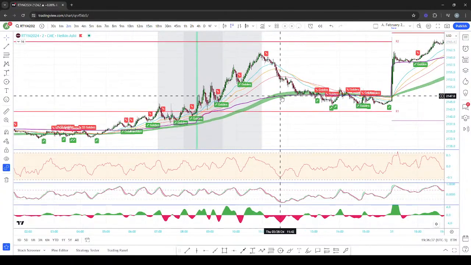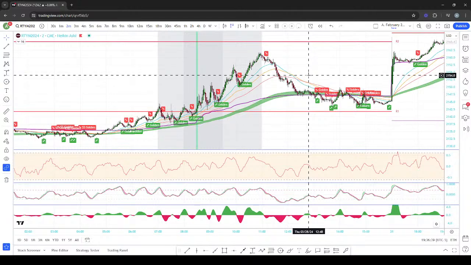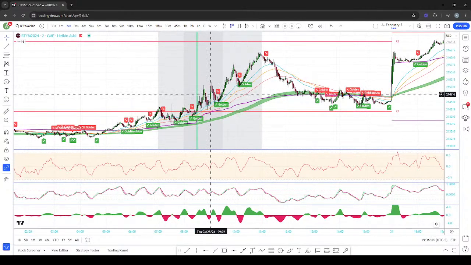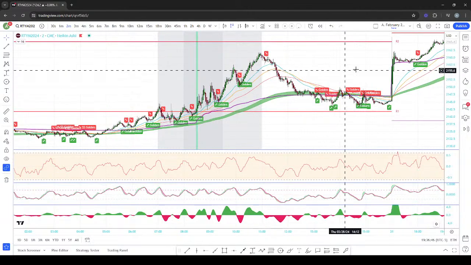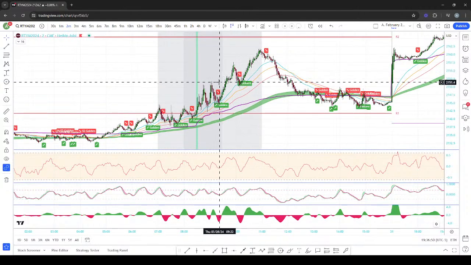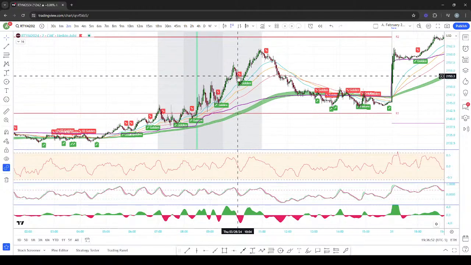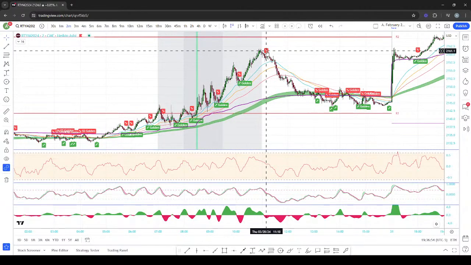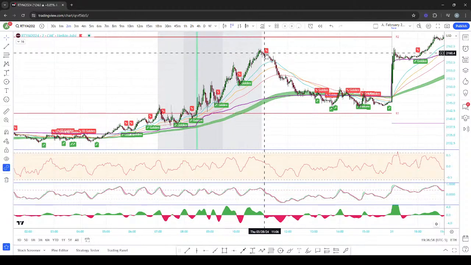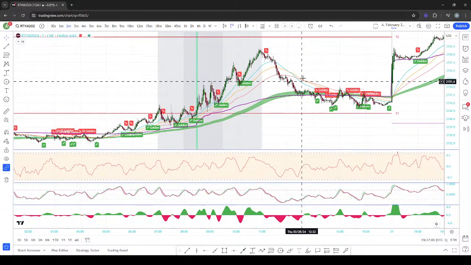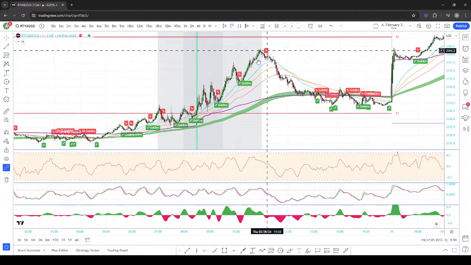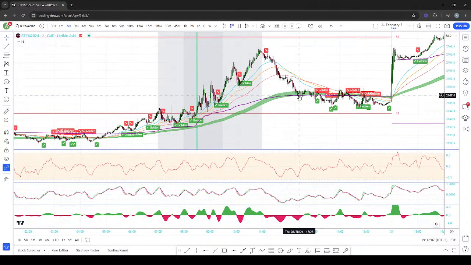I don't have my midlines drawn in, but I can only imagine if you did have some of these midlines drawn in, that could have really helped out in your trading too. This right here is a really nice divergence trade, and then moving down, because at some point the trend is going to have to end, and it's ending in this area going down.